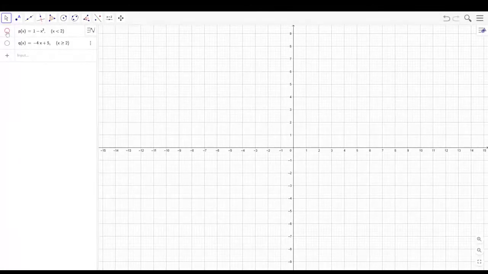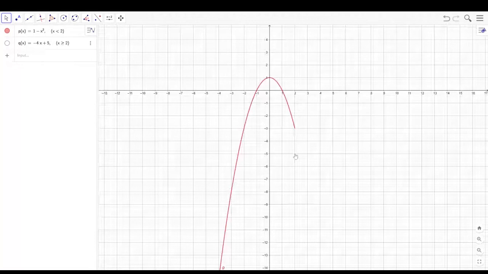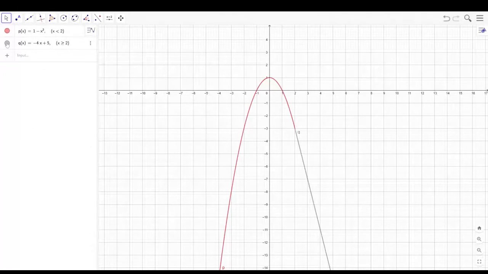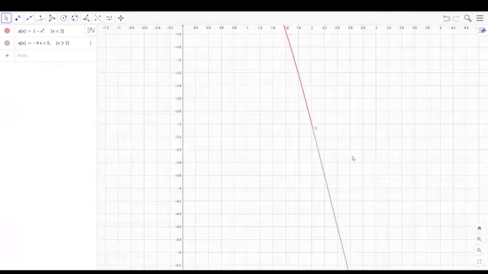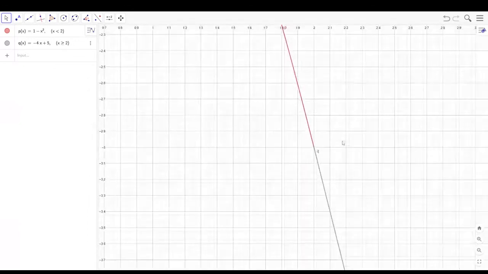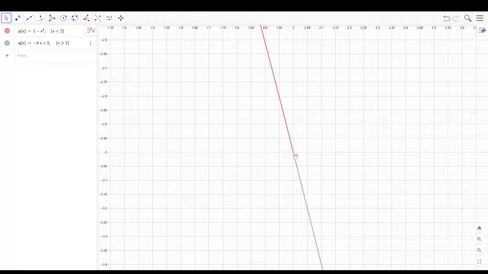Here is one half of our split function, and here is the other half with C equals -4 and D equals 5. Now, if I zoom in here, that's a super smooth join, right? And you're going to get a nice tangent line there.